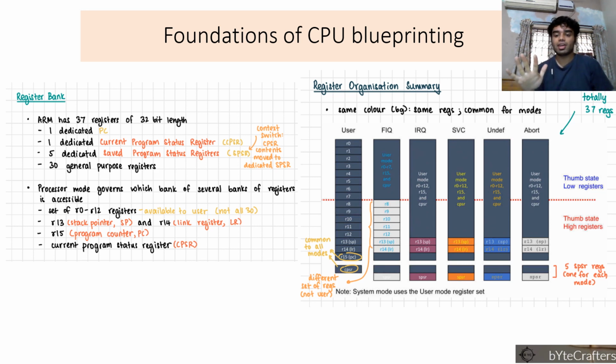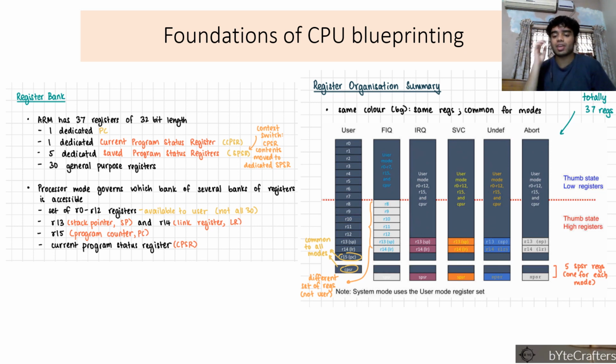There are 5 SPSRs. I'll repeat again. The CPSR is going to contain flag values like the carry flag, zero flag, and all of them. Once the instruction is updated with the CPSR values, there's a context switch, and the CPSR values move to the SPSR.